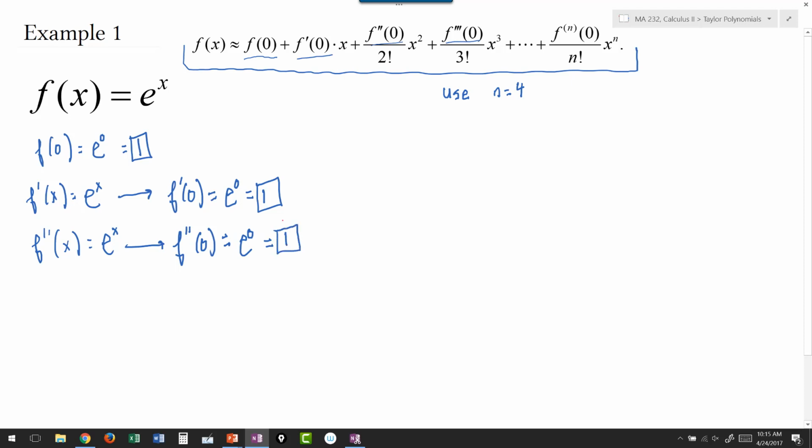And I think we've done enough now to see the pattern. All of the derivatives of e to the x are e to the x. So all of the derivatives of e to the x evaluated at 0 are just 1.